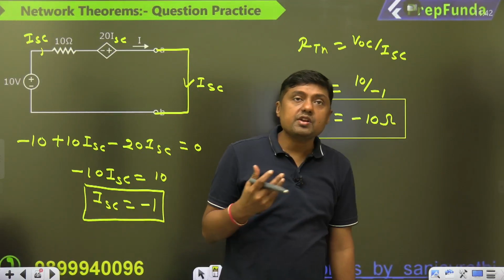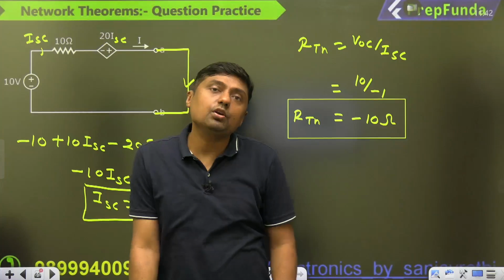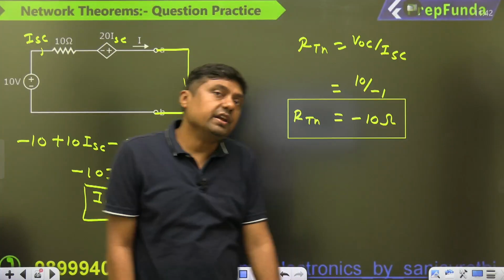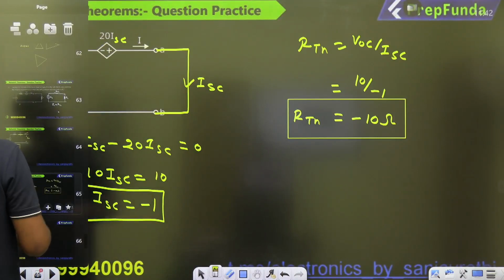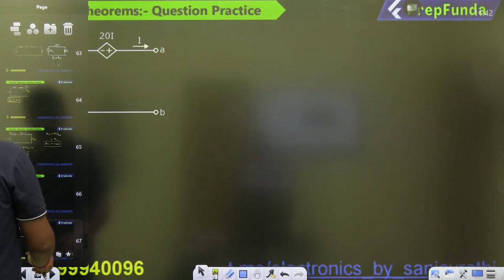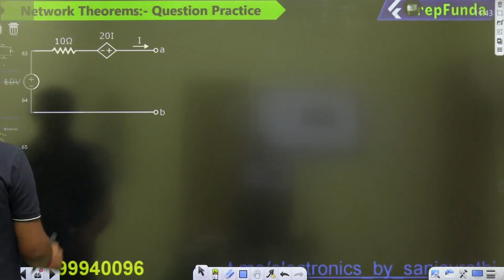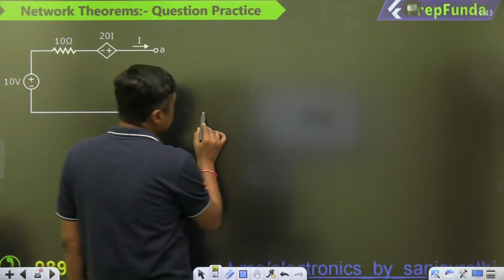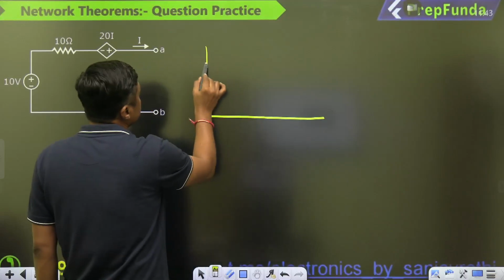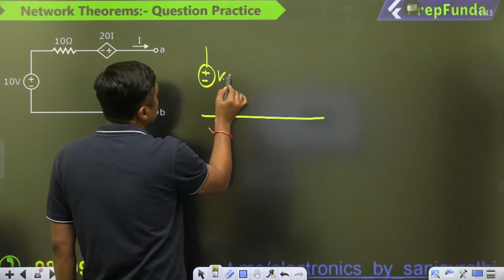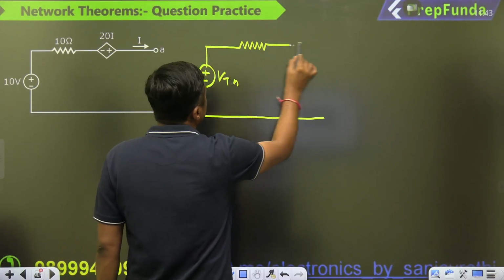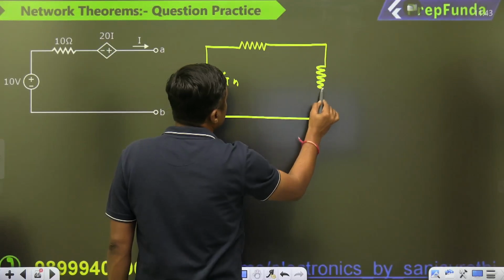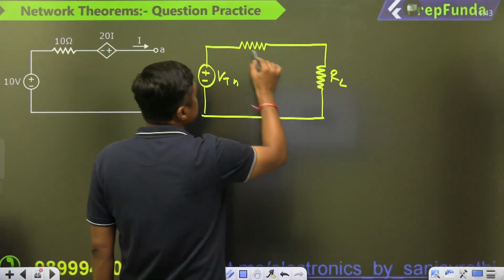Now, if this is the negative Thevenin's resistance, what is the meaning of that? If you have the negative Thevenin's resistance, what should be the value of RL so that you will get the maximum power? That is the magnitude of that. Here, this is RL, the passive resistor, but it is negative.